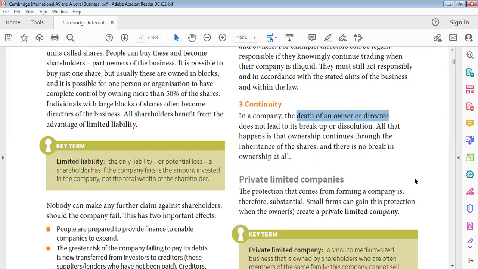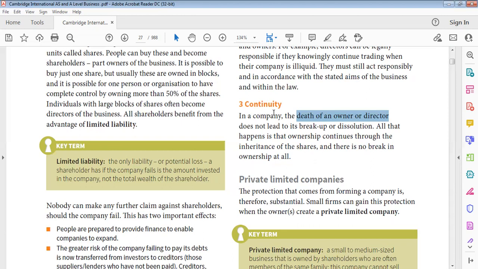In fact, we might even have to close down as per the law. If the law or the contract says that the partnership business will close if a partner dies, then that's it. We're done. So that is a problem with sole traders and partnerships.